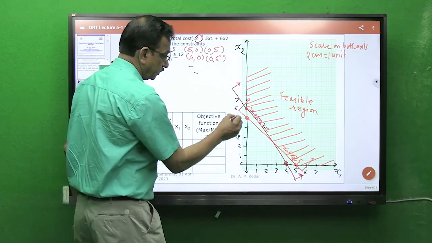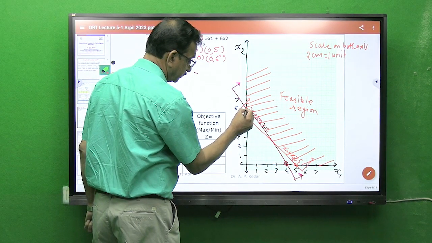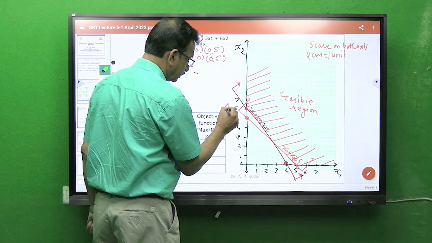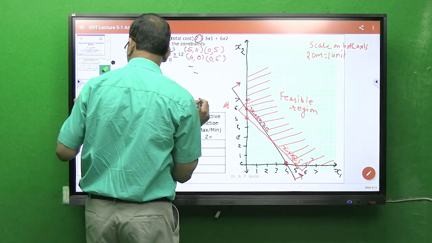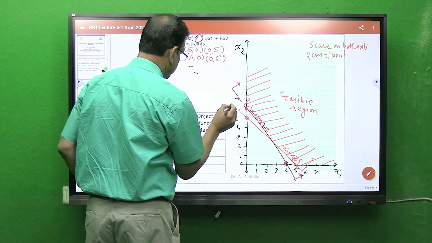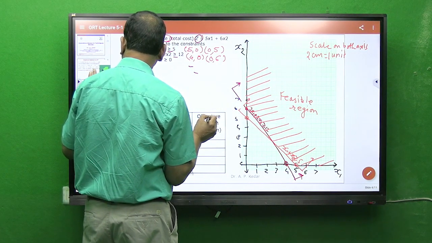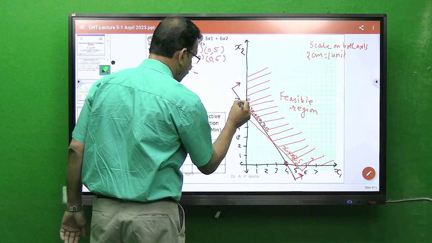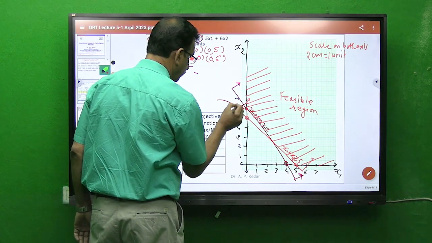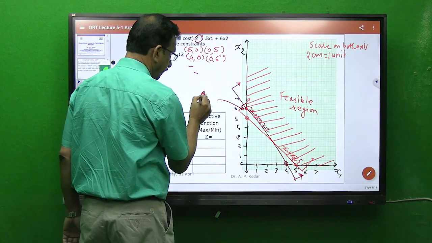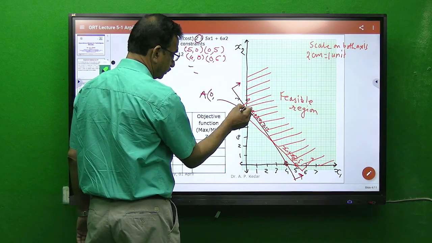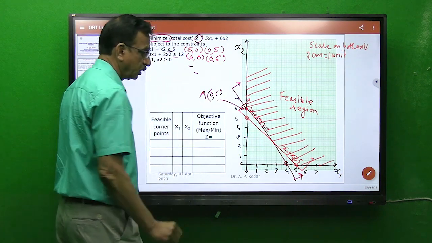So what I will do, suppose this point which is intersecting with x2, I mark this particular point as A. Now for A, x1 is 0 and x2 is 6. A is identified.